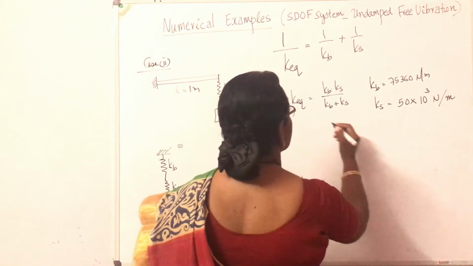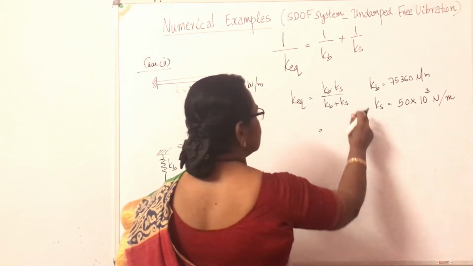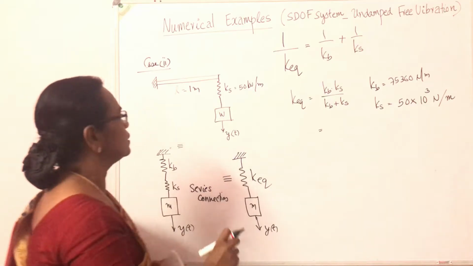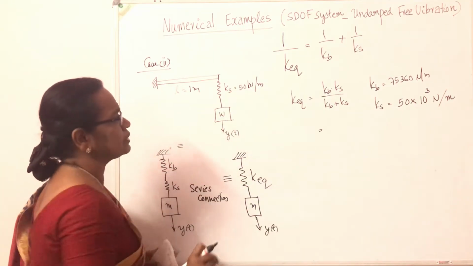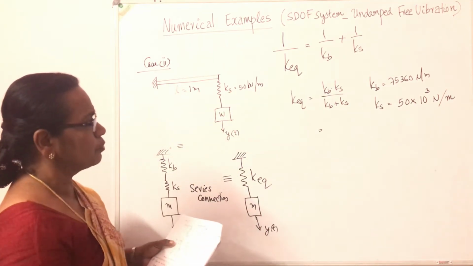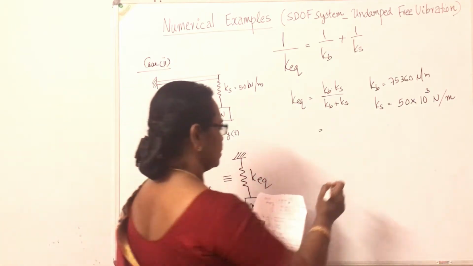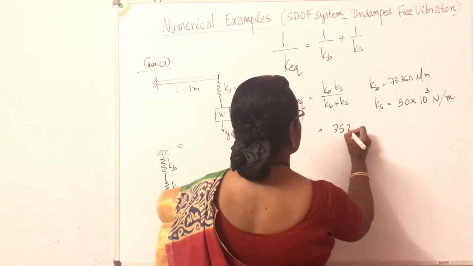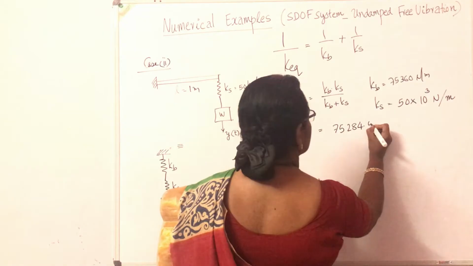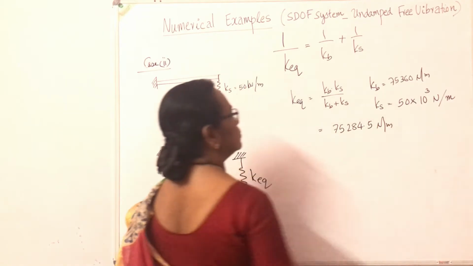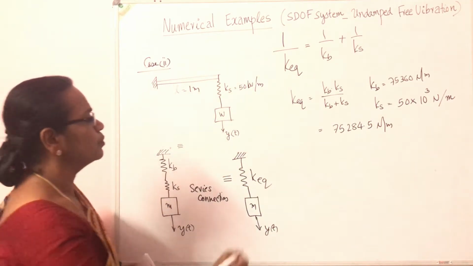Substituting this, we will get the K equivalent value. The spring stiffness is 50 kilonewton per meter, so 50 into 10 raised to 3 Newton per meter. The equivalent spring stiffness is 75,000 to 84.